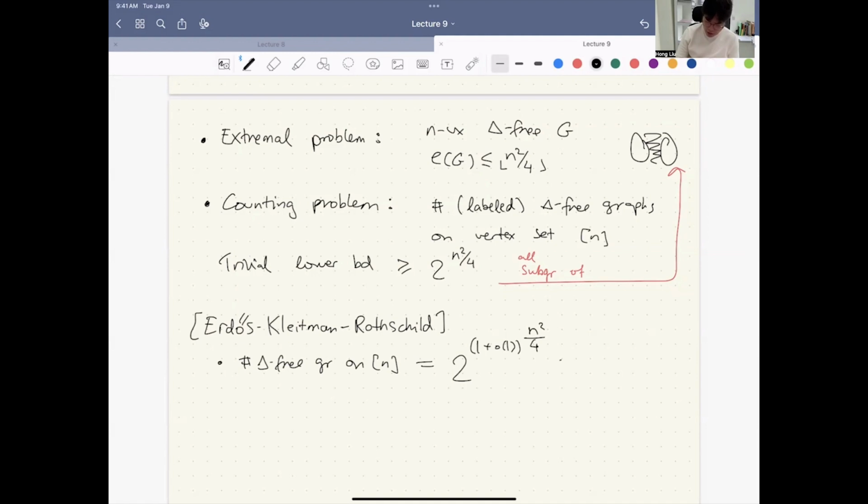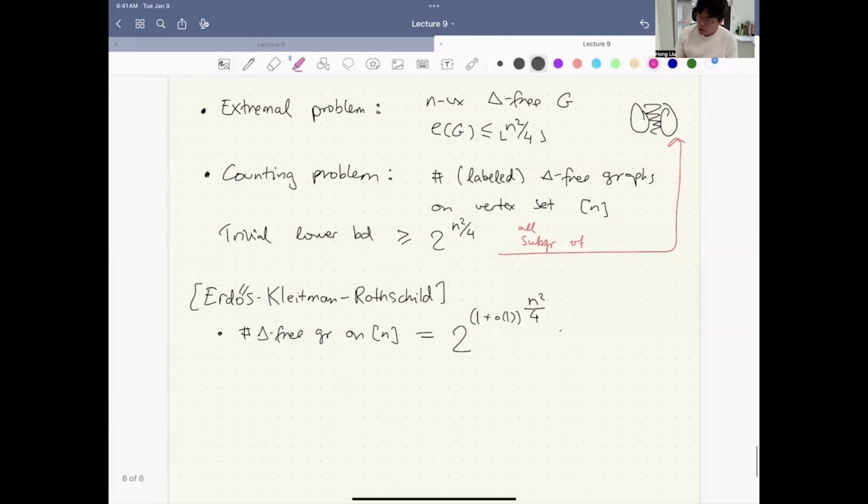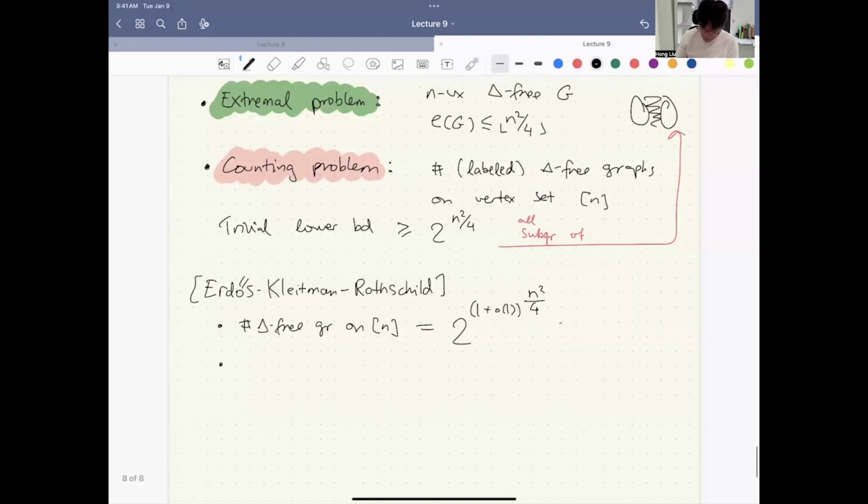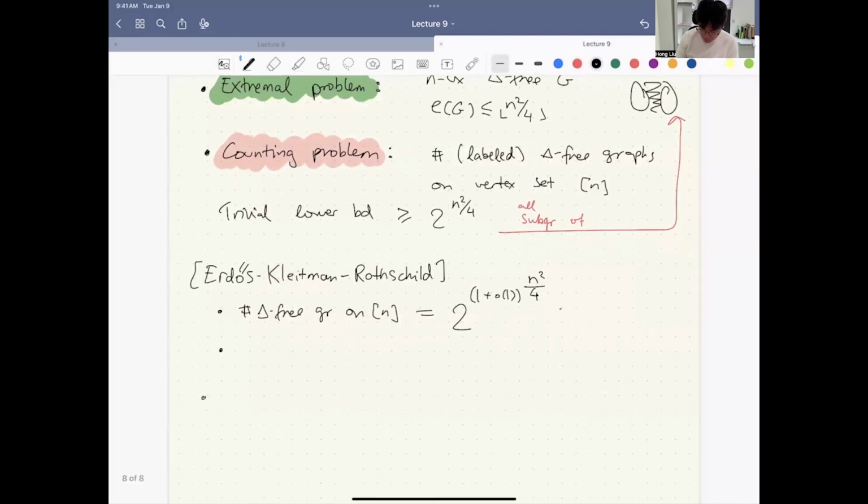Now, when you ask an extremal problem, then a counting problem, there's one step beyond counting called typical structure. Let me also briefly mention. So the typical structure, what does that mean?